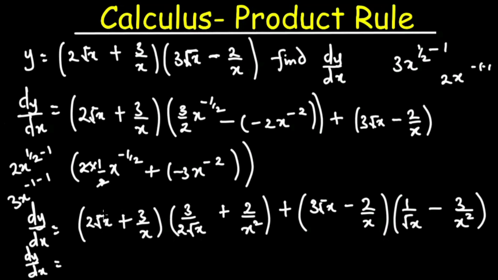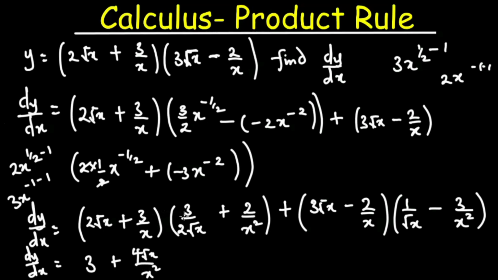So multiply 2 root x by 3 over 2 root x, you're going to have 3. They will cancel out. Then multiply 2 root x by 2 over x squared, you're going to have this to be 4 root x over x squared.